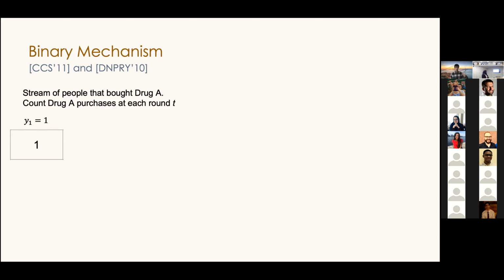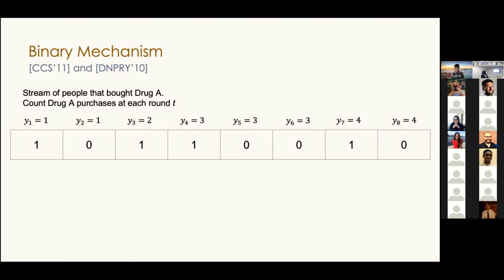After the first customer, who bought drug A, the running count is 1. The second customer comes in and did not buy drug A, so the running count is still 1. We continue the stream in exactly this way. The third customer buys drug A, and so we increase the running count.